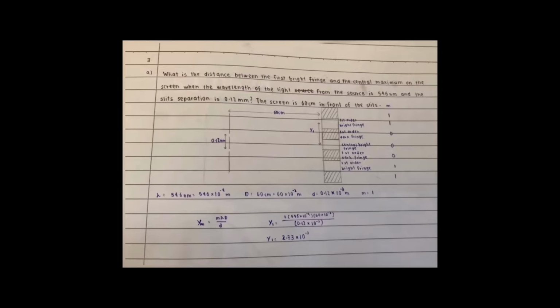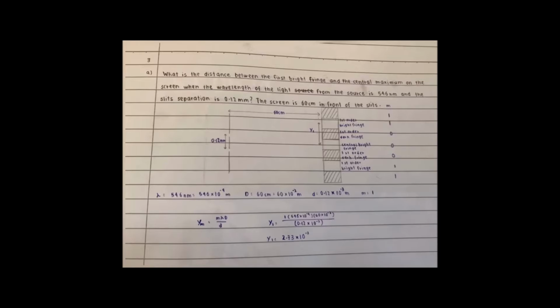So the wavelength, which is lambda, is 546 nanometer. We need to change it to meter, so we times by 10 to the power of negative 9. Next, we need to change the D, which is 60 centimeter, to meter by timesing it with 10 to the power of negative 2.